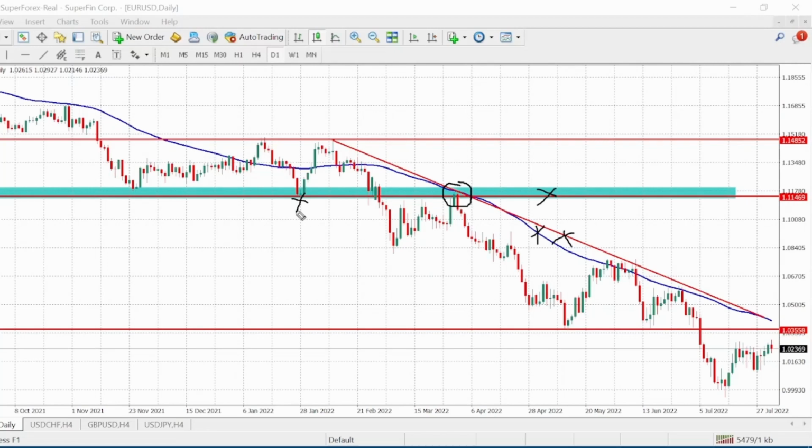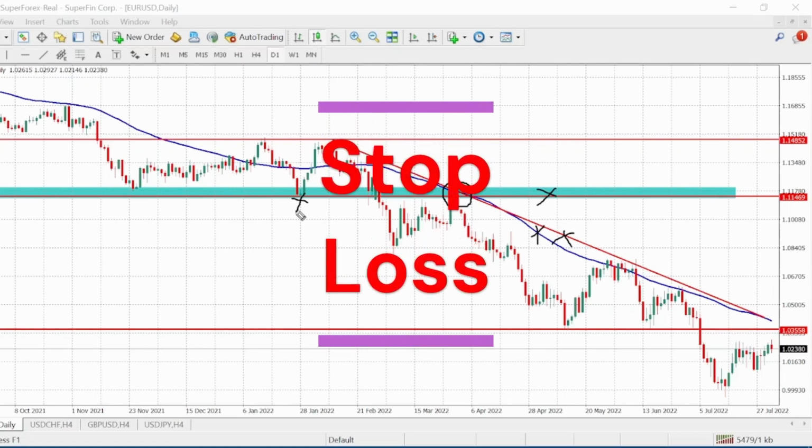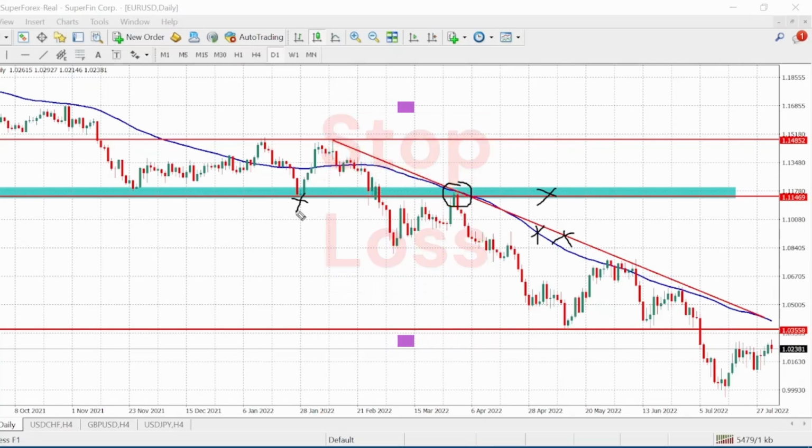Now, after we have identified our entry trigger, the fourth thing that you shall be taking into consideration is exit if you are wrong. In other words, the stop loss. Where should you put your stop loss?